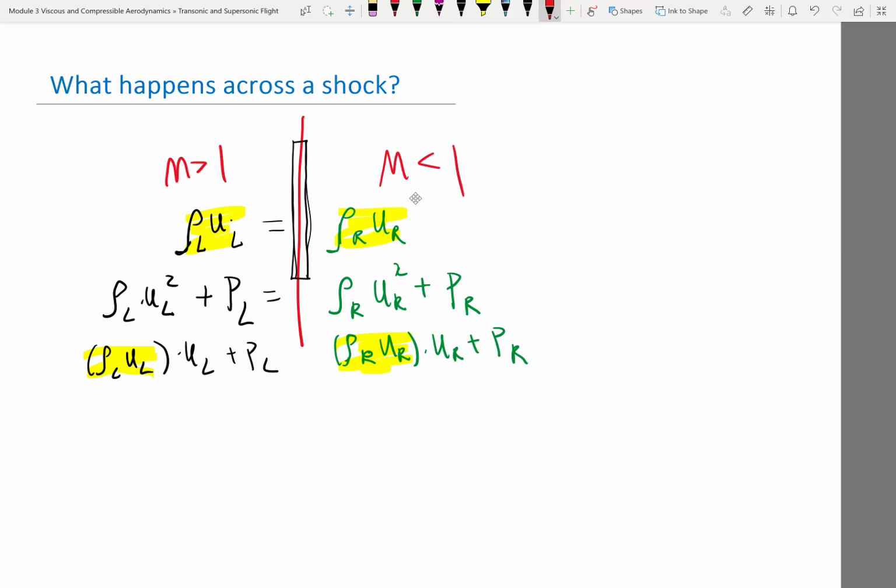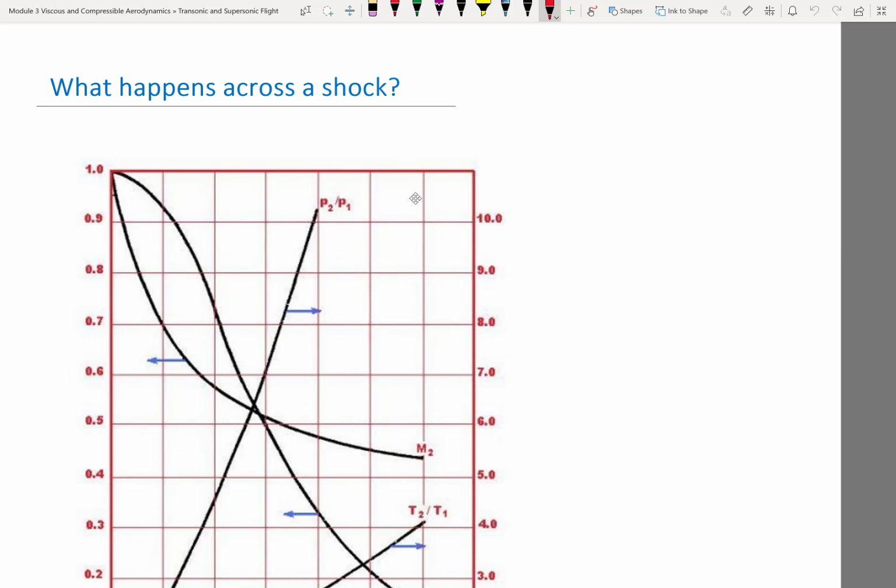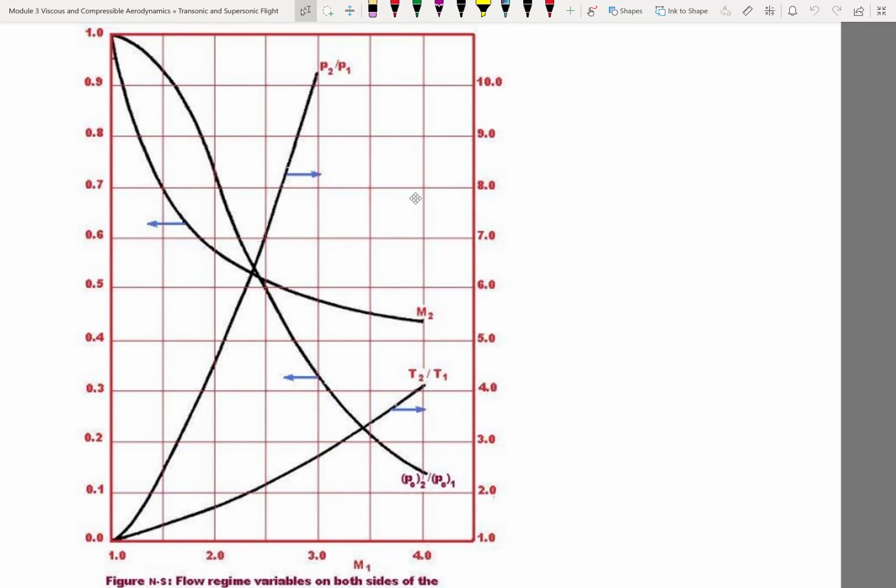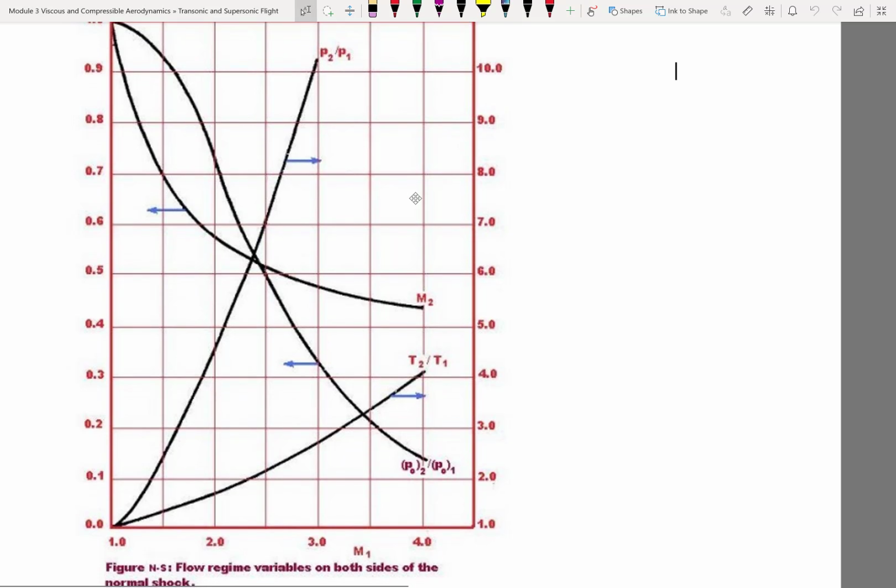Basically, if you write down all three equations and solve, you're going to generate numerically what we know as the shock tables. So you can look up the numerically computed tables and figure out exactly how much velocity decreased, pressure has jumped, etc. So we'll start from here in Wednesday's lecture. So this is the numerical solution. All right.